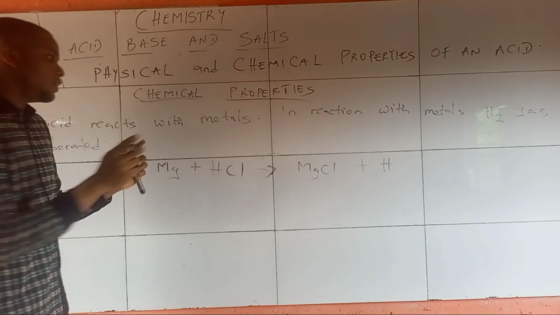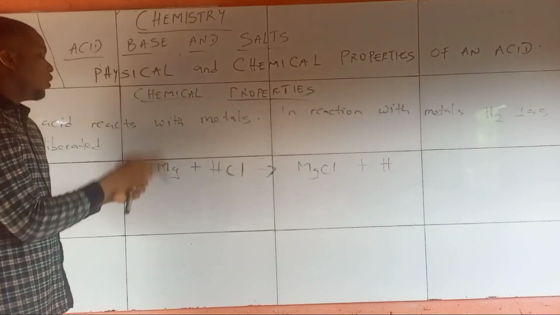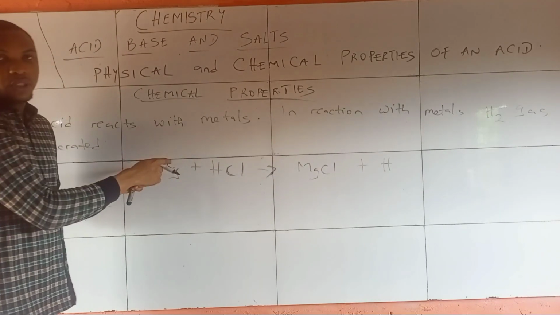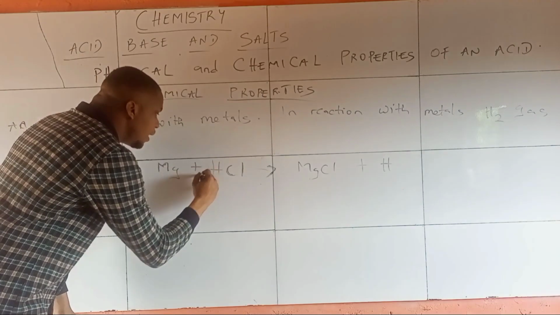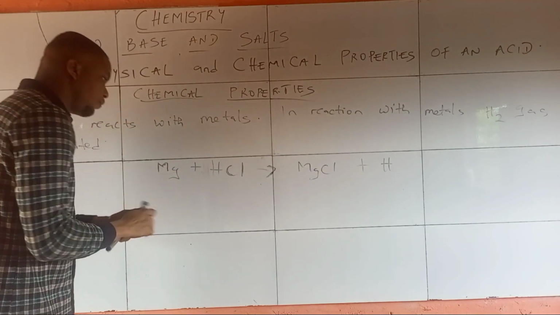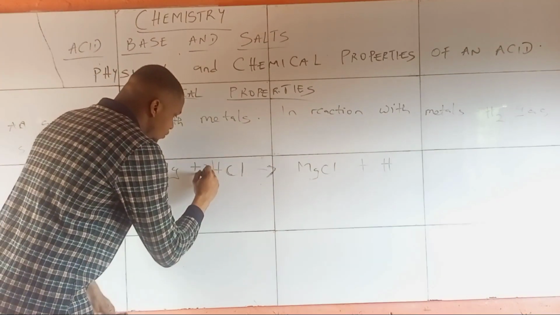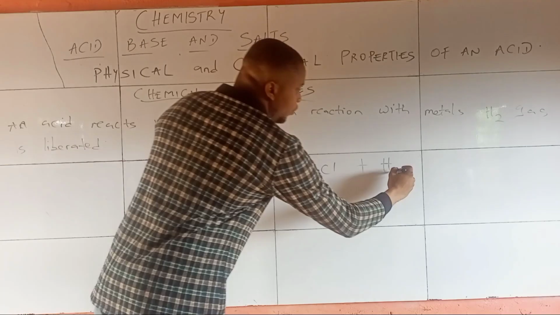This equation is not balanced. That's why I was skeptical about the example. But I'm going to balance this equation and make it correct. Because oxidation state of magnesium is plus 2, I'll put 2 here.